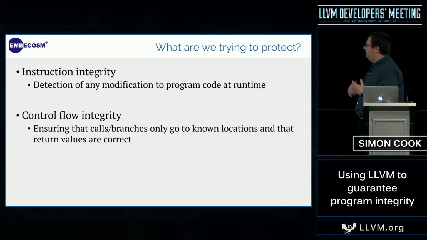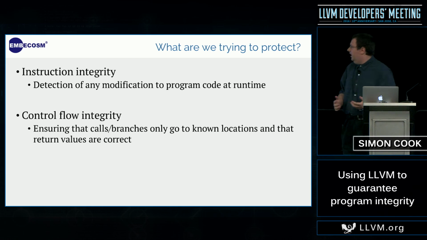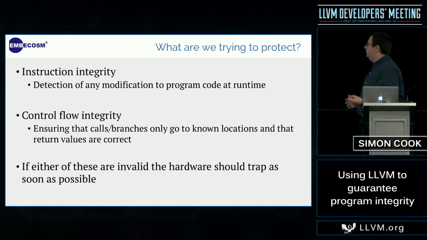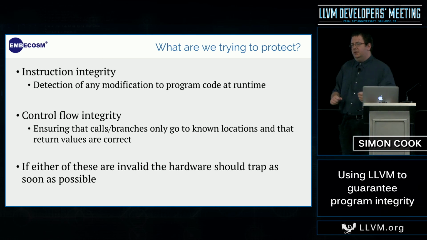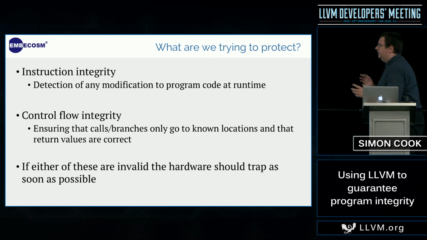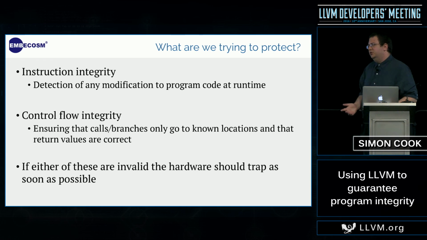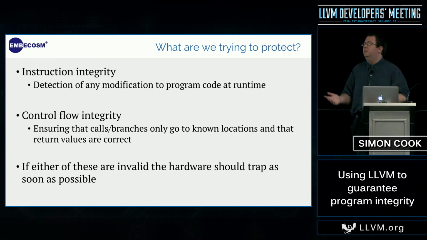And the ideal aim of this is that if either of these are violated, then the hardware should stop as soon as possible. And the context I'm thinking of here is in the deeply embedded space. So essentially, if you were to go try and execute an instruction you shouldn't, then some interrupt would occur.